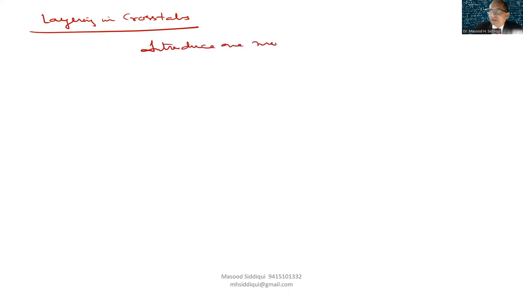Okay, layering in cross tab means we will be introducing one more aspect in this analysis of relationship in cross tab analysis.